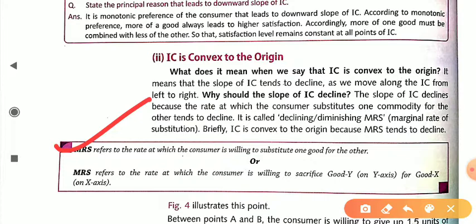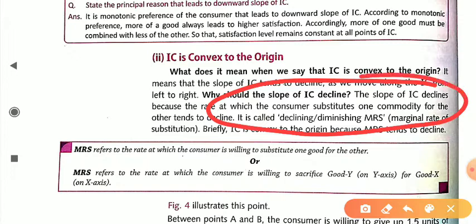This change is represented by MRS, the marginal rate of substitution. That's why the IC is convex to the origin, because of declining or diminishing MRS.